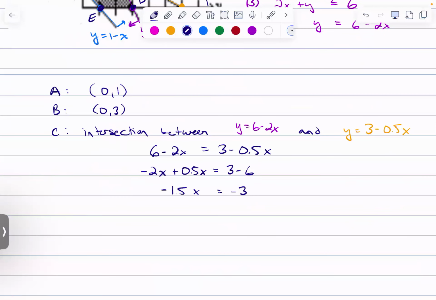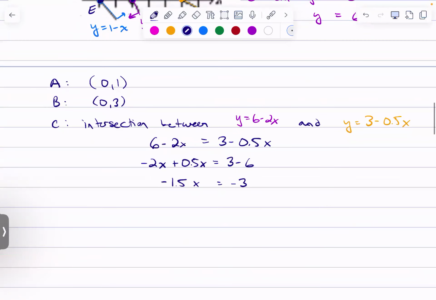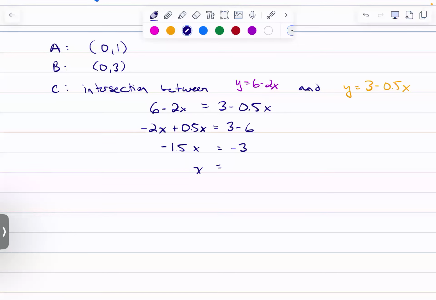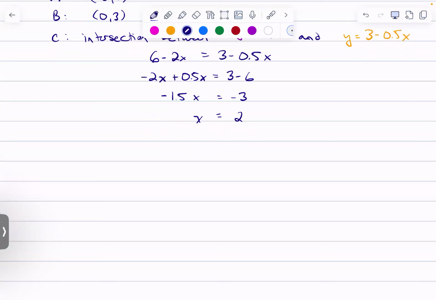Nice try, Emily. We already said one of our constraints was that x can't be negative, and I was about to end up with a negative x. Doesn't work. Nice way of checking your work though, I guess. Negative 3 divided by negative 1.5. Is that 4? What is that? Who knows? Math. 3 divided by 1.5, 2. I guess that makes sense.